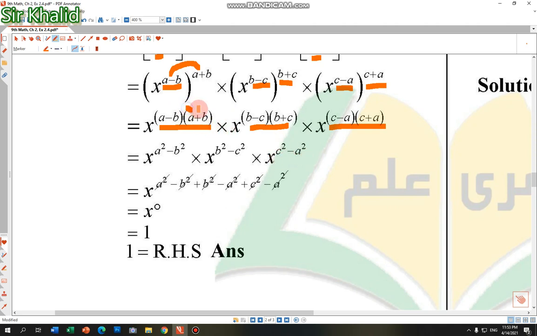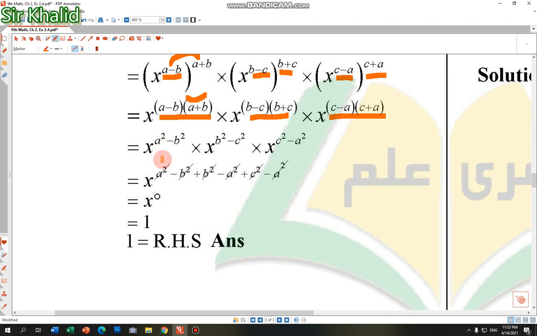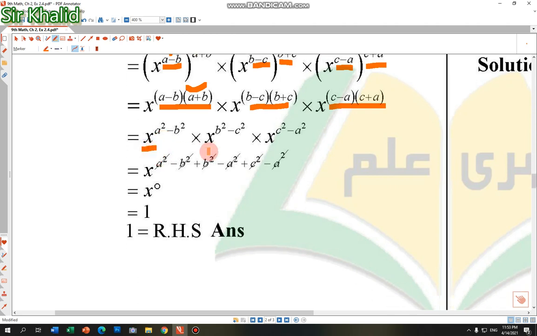So after simplifying these brackets, again the bases of x are the same, so their powers will be added. So a square minus b square plus b square minus c square plus c square minus a square.